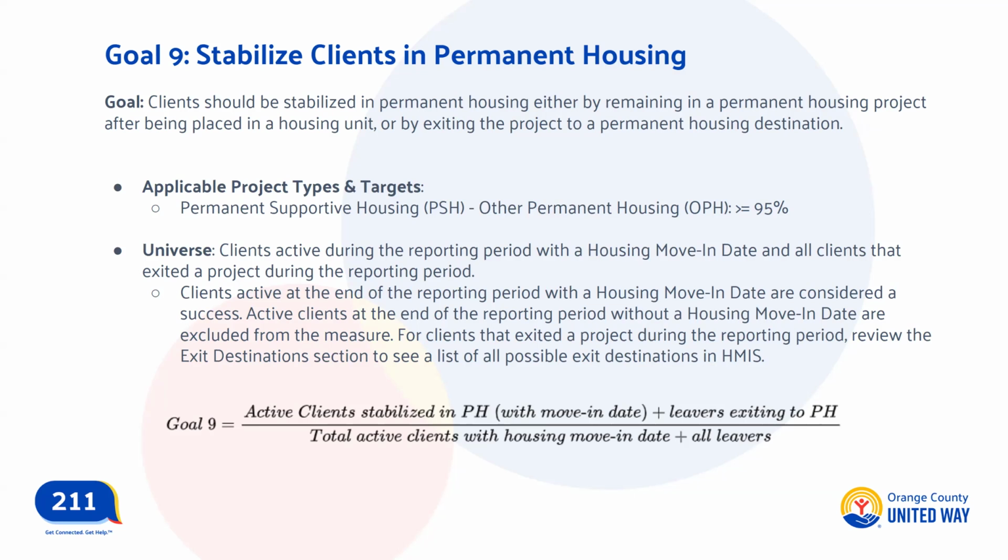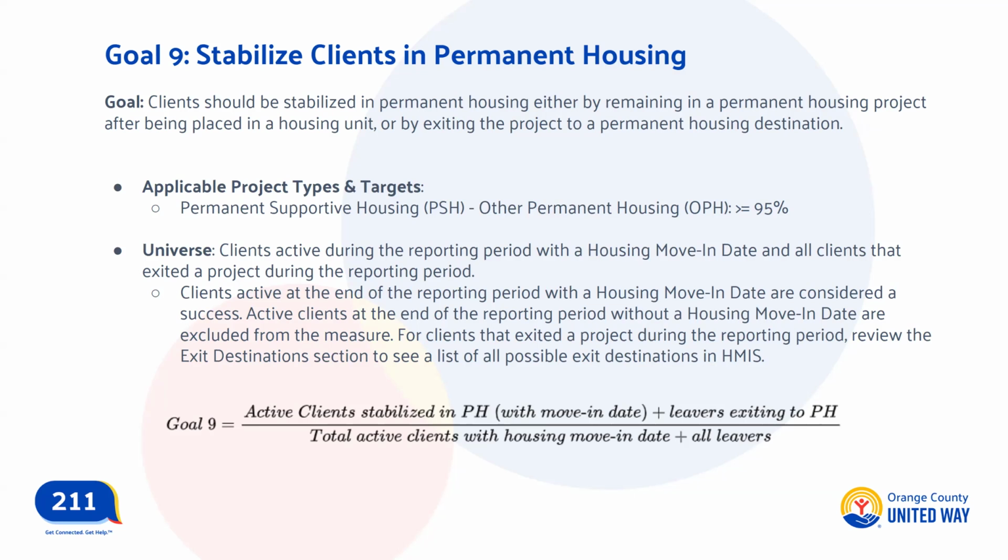Clients active at the end of the reporting period with a housing move-in date are considered a success, a positive outcome, as they are remaining in housing. Active clients at the end of a reporting period without a housing move-in date are excluded from this measure because they're not currently considered housed.